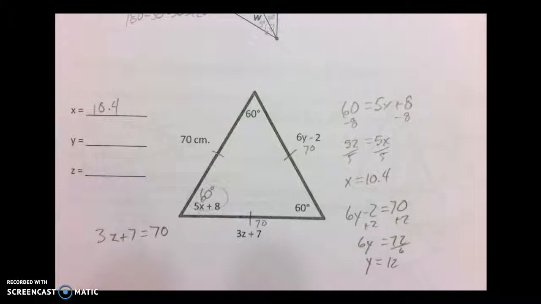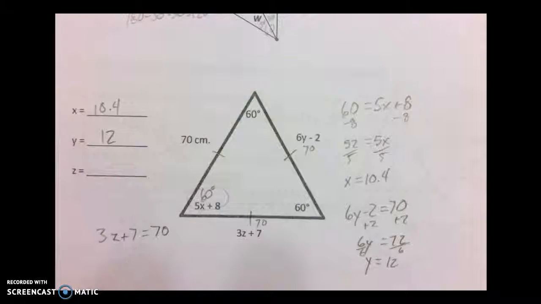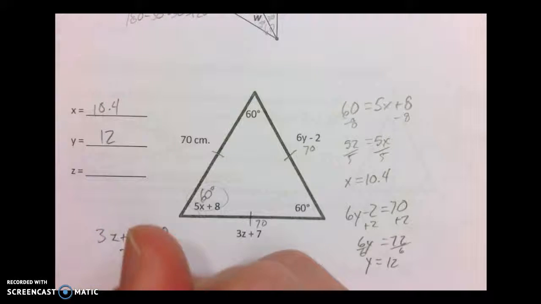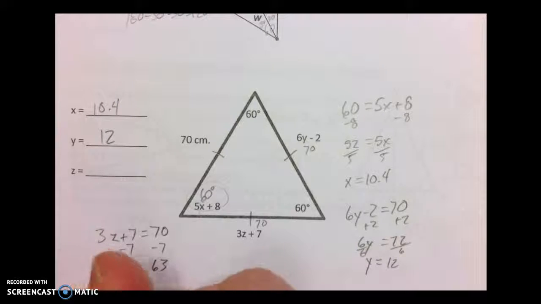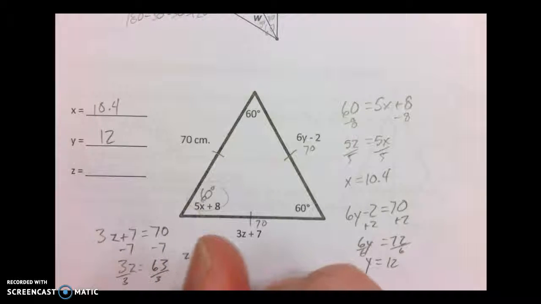We have to divide by 6. So y is 12. For z, we're going to minus 7, we get 3z equals 63. If we divide both sides by 3, we'll get z equals 21.